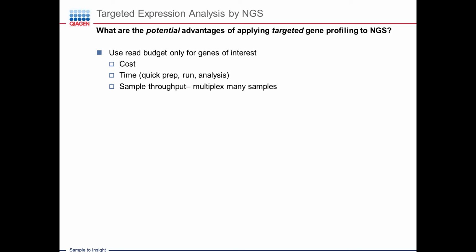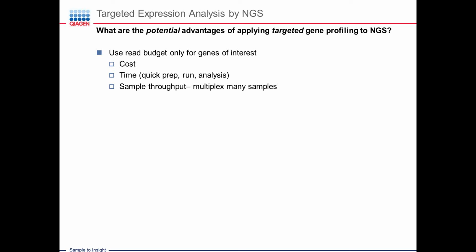So there's some thought that goes into how you design that experiment, and you'll hear more about that in our next webinar. But the idea is that you design your experiment to make the best use of that read budget so that your cost per data point, the cost per the things that matter for you, is optimized. It's also a quicker experiment because the runtime is quicker, and I'll explain why that's true.